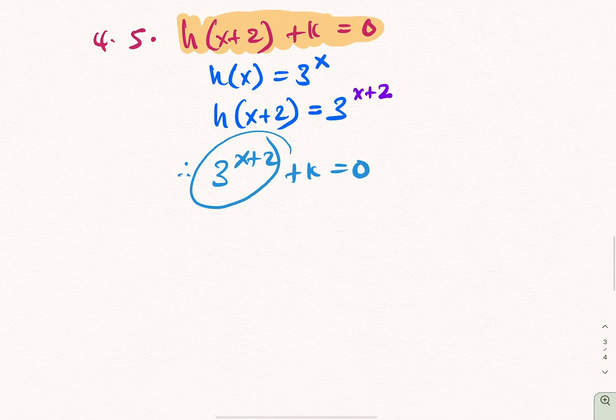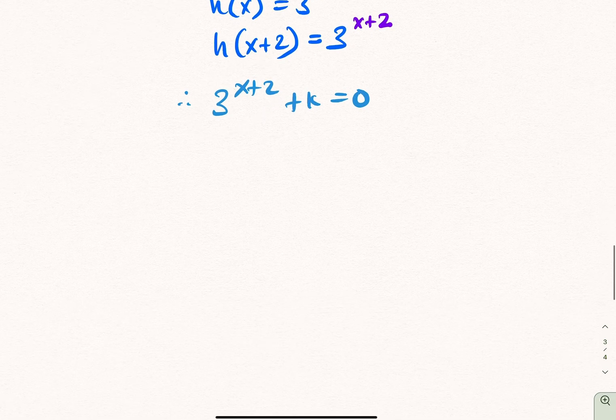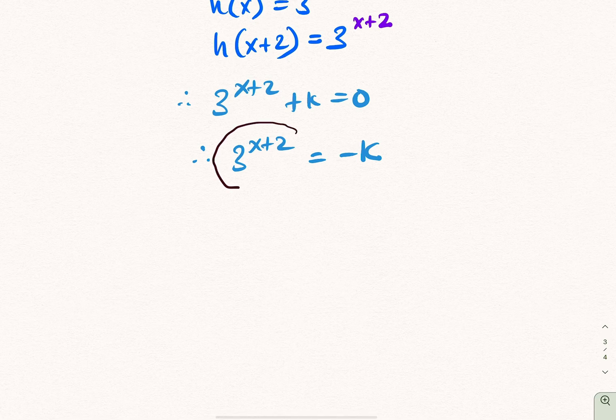But this is a function. This means that you're going to have 3 to the power x plus 2 is equal to -k. Think about it. More often than not, we have that function equaling y. This is basically your y now.